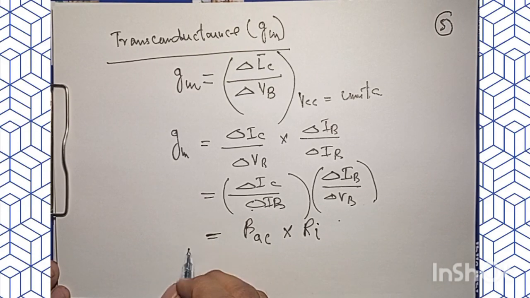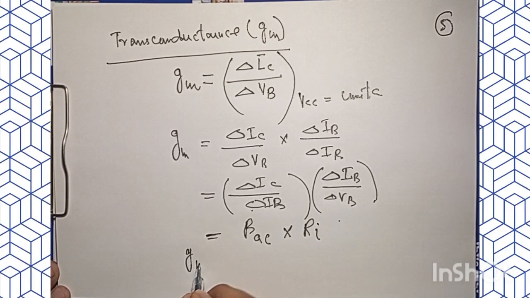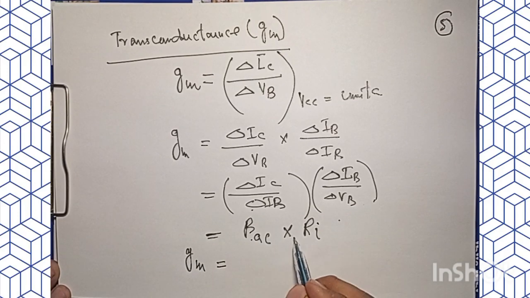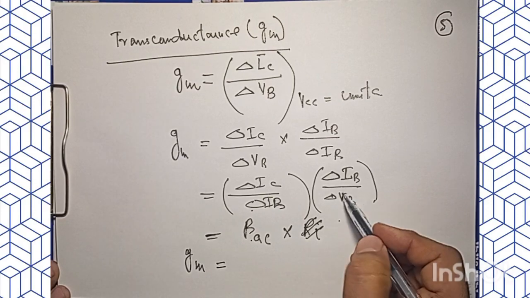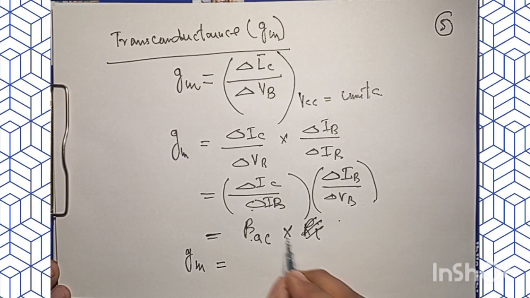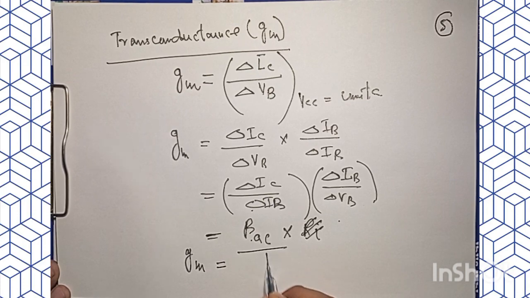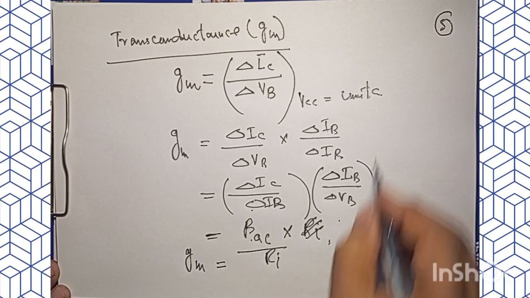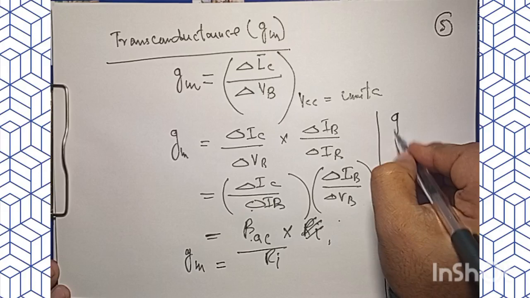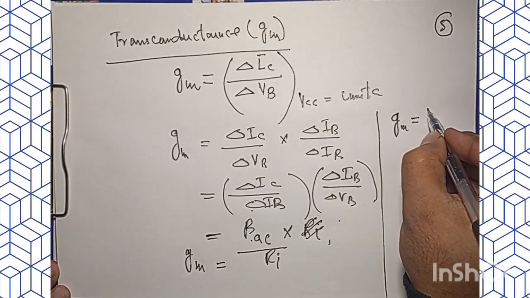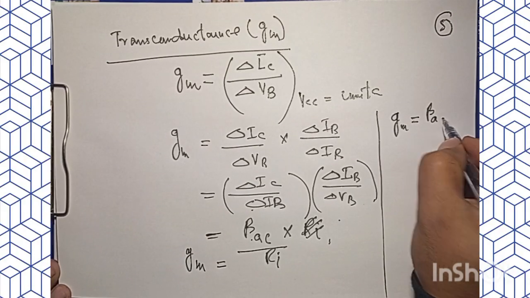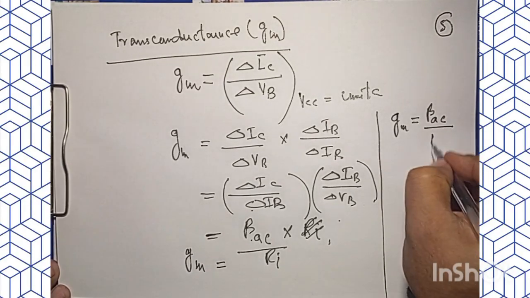So the transconductance is beta AC times Ri. So this is beta AC times, it's not times, sorry, because the reciprocal of this is Ri, so it is beta AC divided by Ri. So finally, I'm going to write here Gm as transconductance, and this transconductance is beta AC divided by Ri.